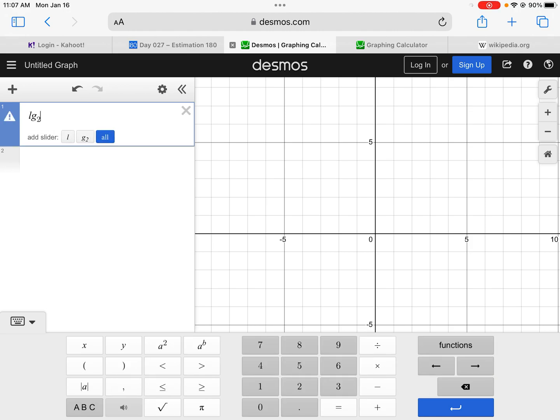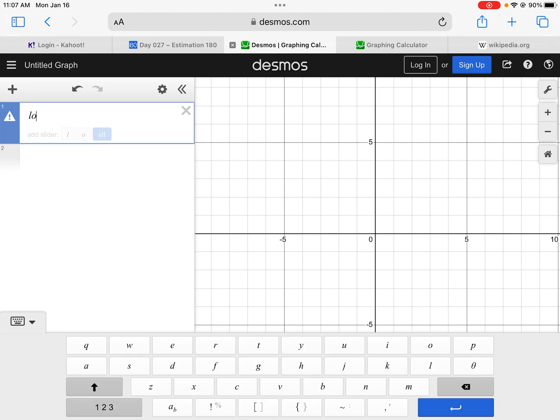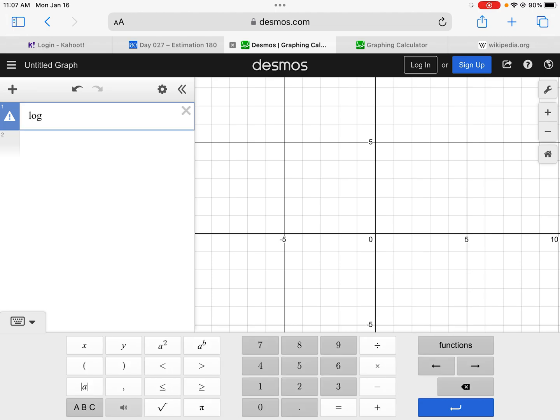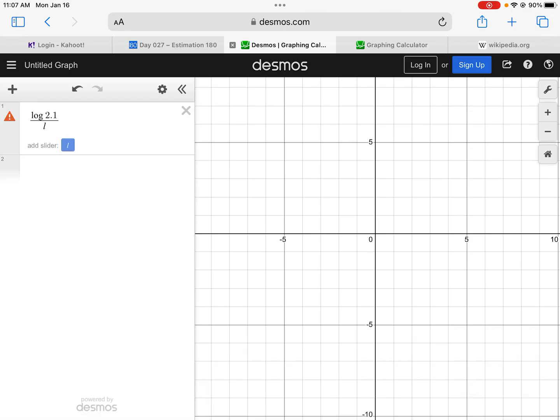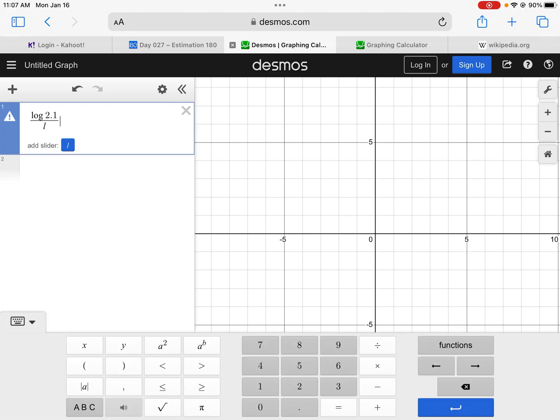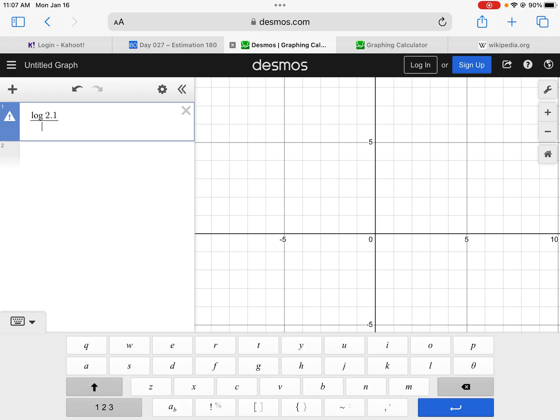This is not going well. Hopefully you guys can type this in better than I can. That gives 0.742.